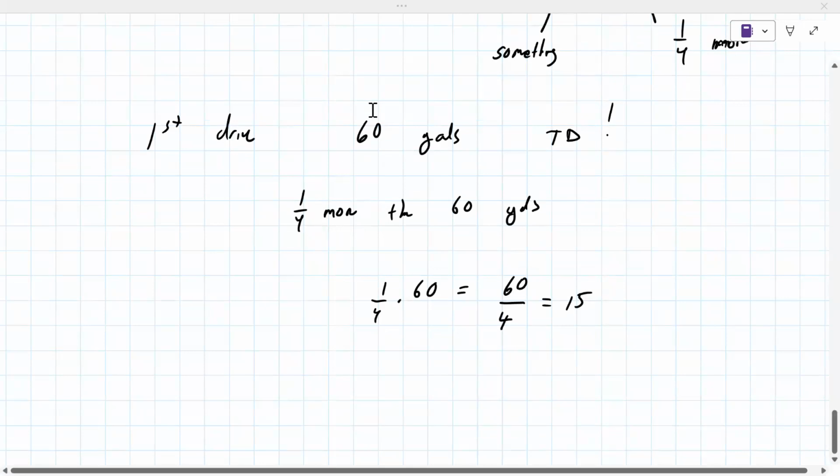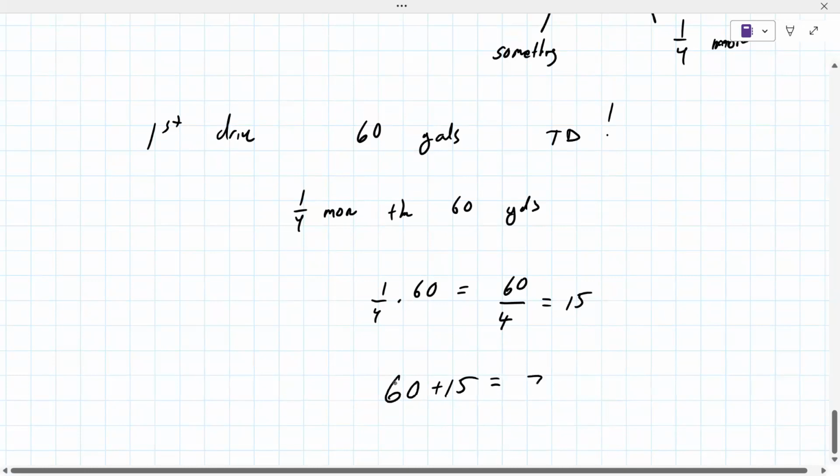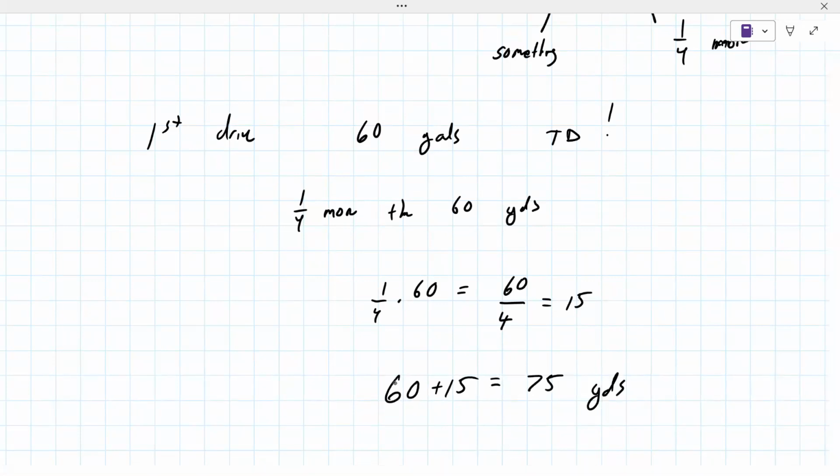Is the new number bigger or smaller than 60? Bigger. So one of the ways to get bigger is to add. 60 plus 15 is 75 yards. So on their second drive, they went 75 yards. Maybe they got a touchdown again.